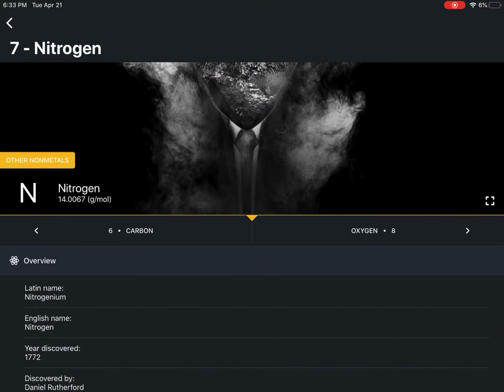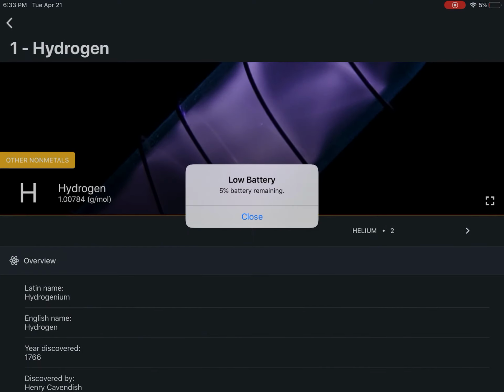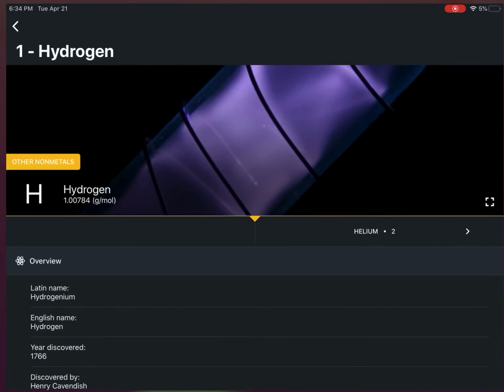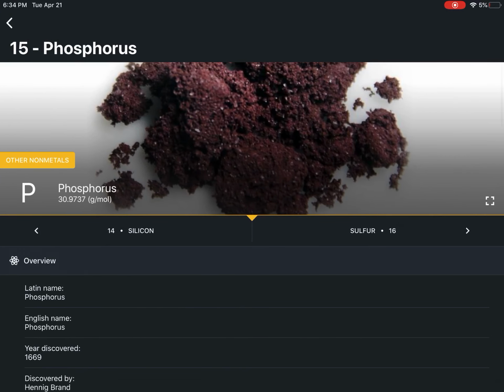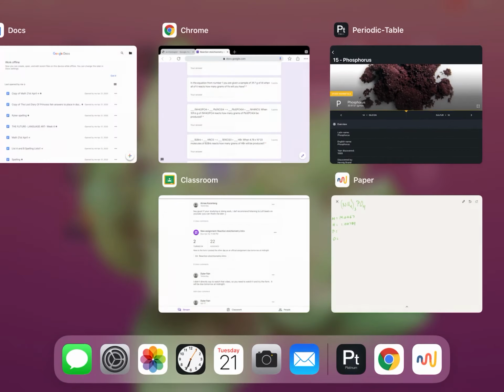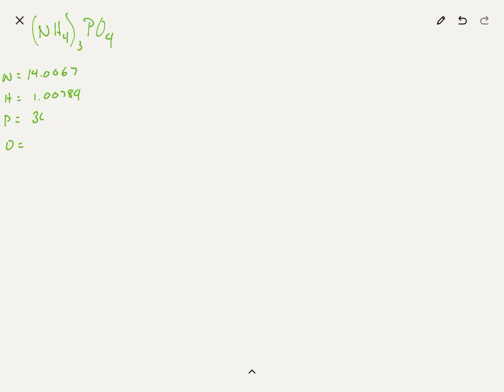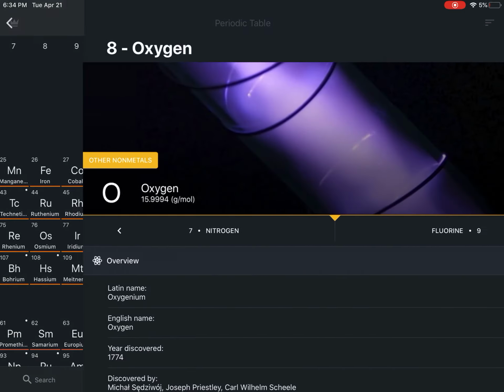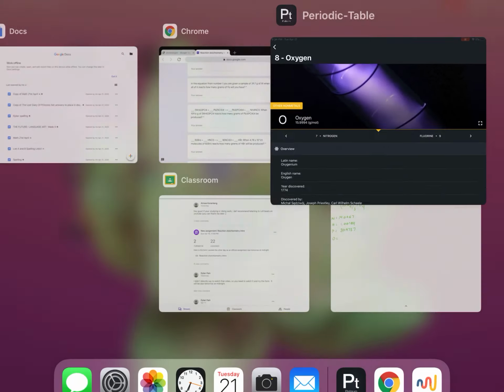Hydrogen is 1.00784. Phosphorus and oxygen. Phosphorus is 30.9737. And oxygen is 15.9994.